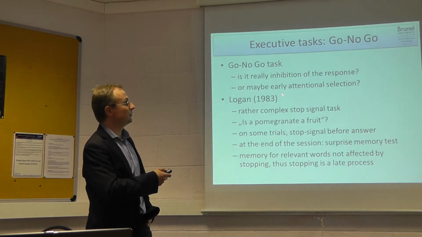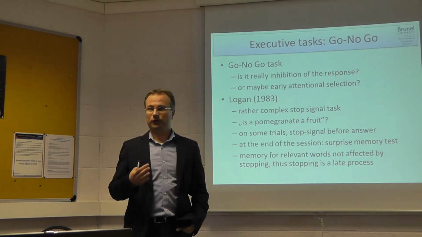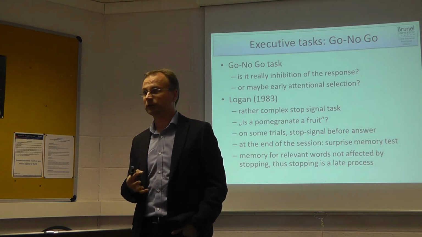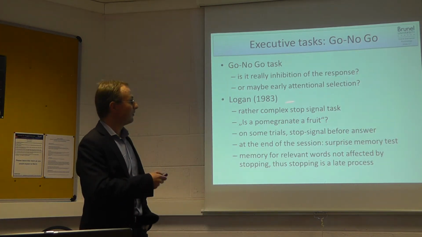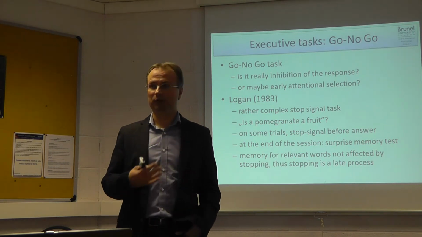If this had been true, you would have expected the words from the stop trials to be remembered worse than the other words, but this was not the case. So from this cognitive experiment, one can be quite sure that it's really inhibition of the response.